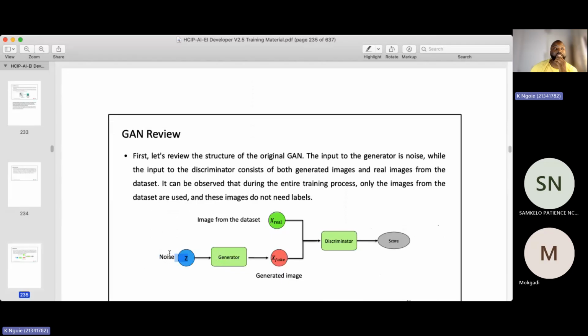In the normal GAN, the random noise is given to the generator, and then we have the real images coming from the data set. The generator creates the fake image. The fake image that has been generated, together with the real image, is introduced into the discriminator as an input, and the discriminator gives a probability to see if the image is real.